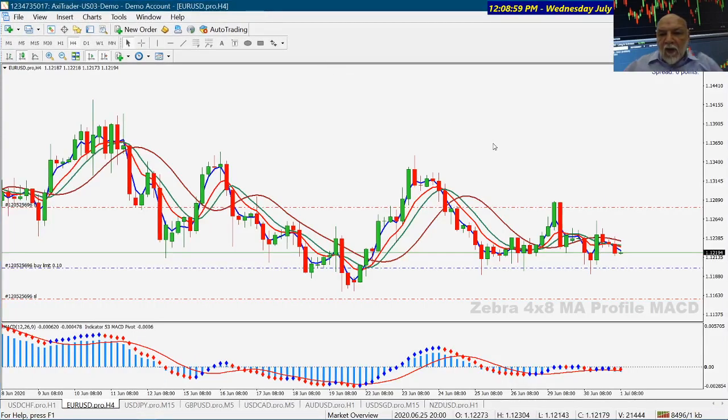This is a 4-hour chart. We looked at all the details, all the specifics on the 4-hour chart. It is set up to, again, do a limit buy coming down to this area here.